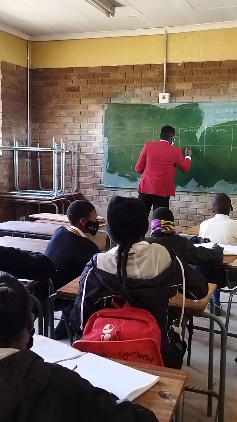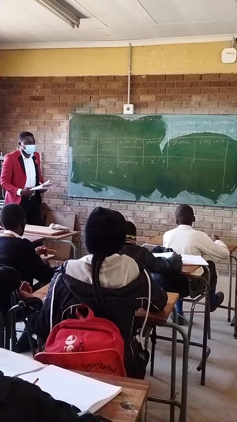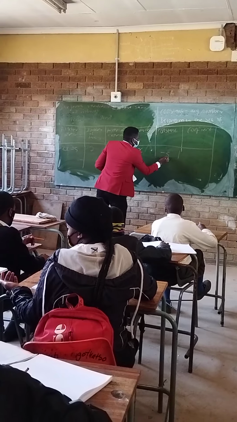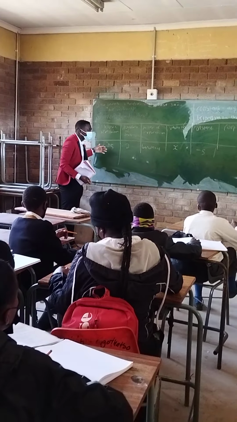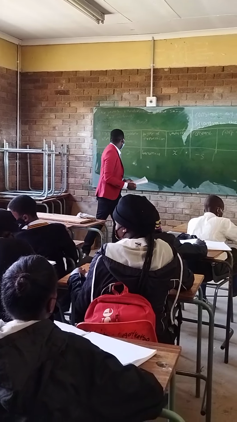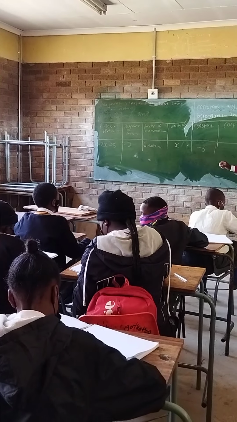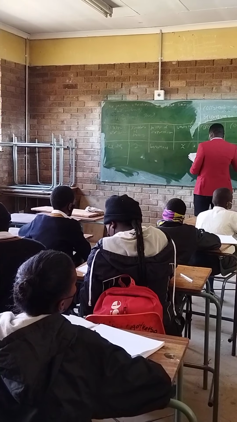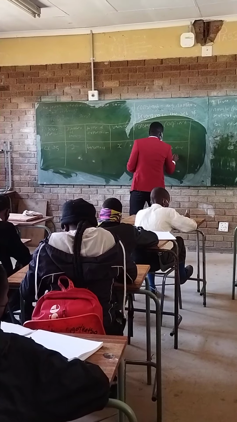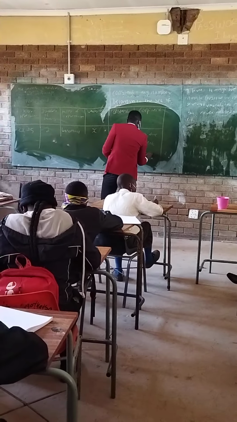Very good. Then what is the constant? -5. Sometimes you may find a question where we don't have a constant, okay? Then what is the coefficient? 2 is the coefficient of what? Of x. Okay? 2 is the coefficient of x. Alright, now we are moving.